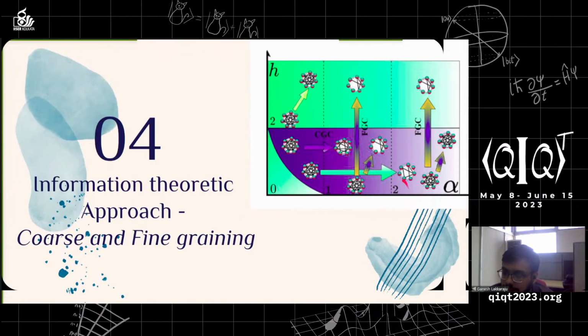And in order to detect this alpha equal to 2 point, we deploy something called fine grain analysis, and we show that mutual information follows a different law when quenched between these two phase regimes.